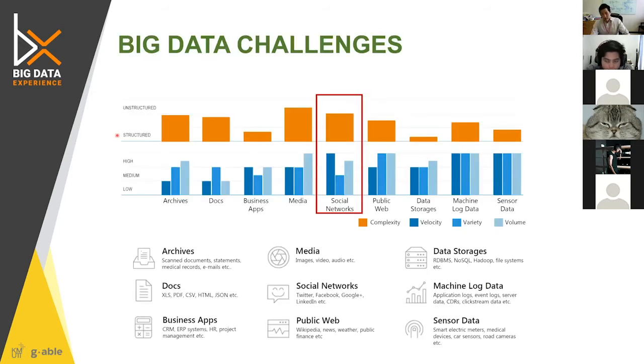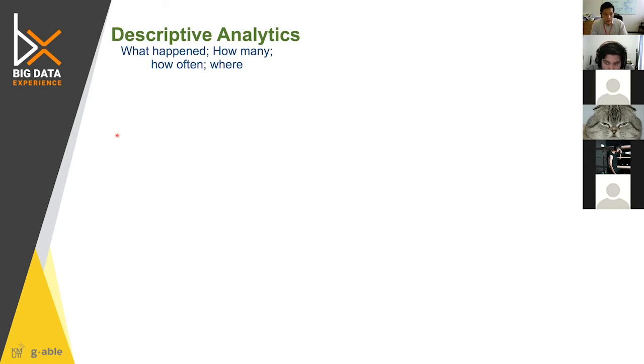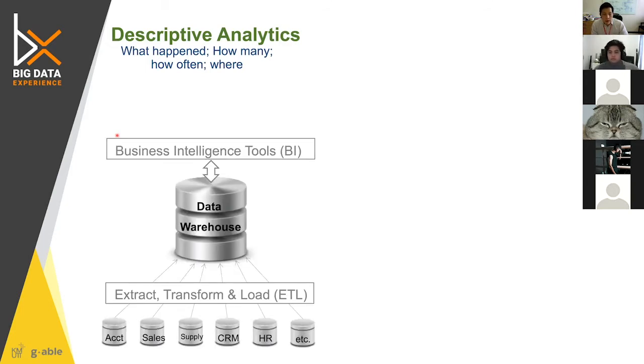Once you have data, then it comes to analytics. The analytics can be descriptive analytics that try to find what happened, right? In that case, the data can be gathered in a data warehouse. That is, you have multiple systems together, and then you perform a process called ETL: extract, transform, load.